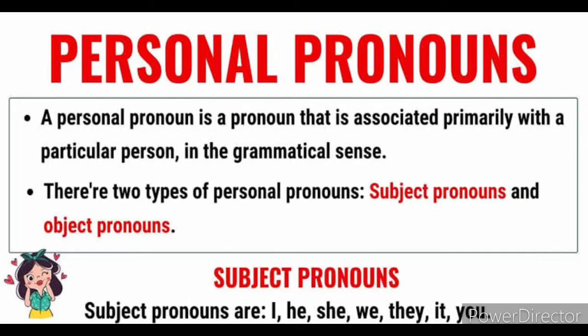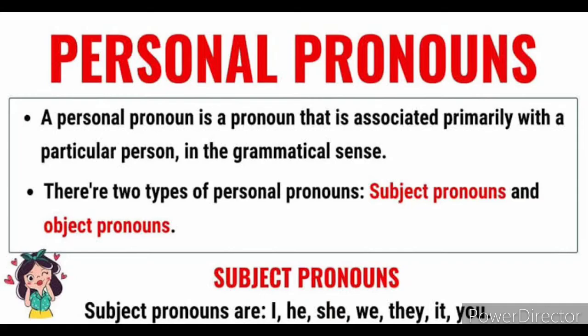These are all subject pronouns. And the object pronouns are me, us, you, them, him, her, it. These are all objective pronouns, children.